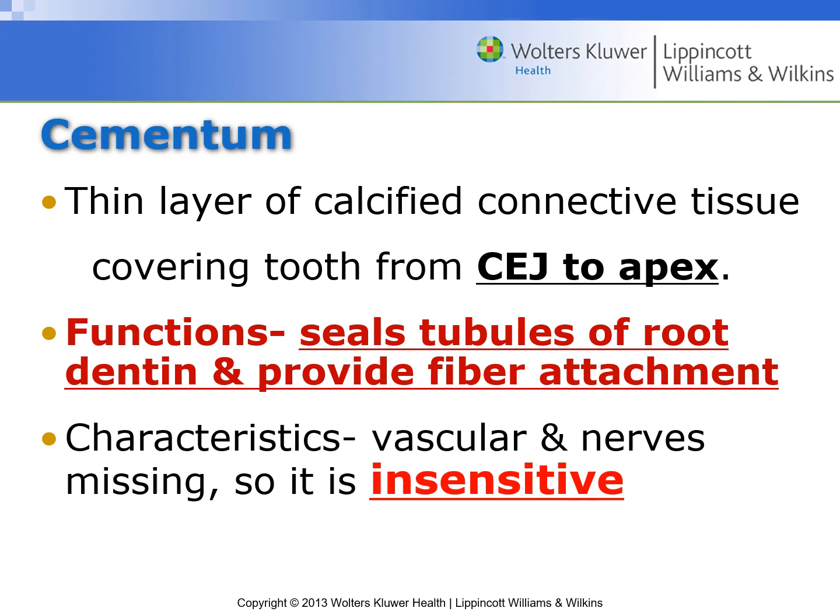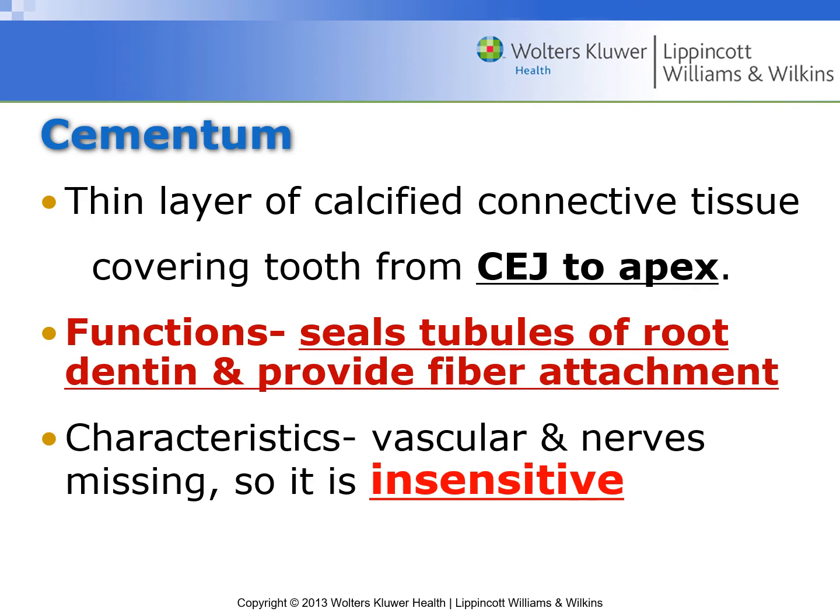Your root has all of these tubules, and when people are sensitive to air or cold, they usually have recession, and the cementum has come off. So those little tubules on the root are exposed to air and cold and touch, and that can make a really sensitive tooth. But the cementum is there to cover and protect those tubules on the dentin, and also provide fiber attachment.